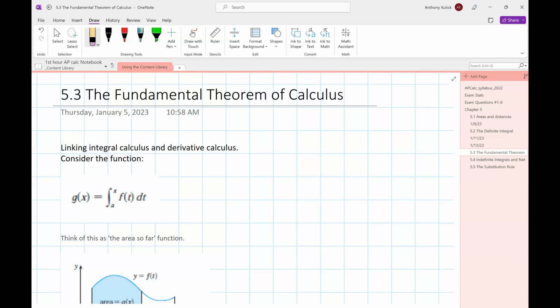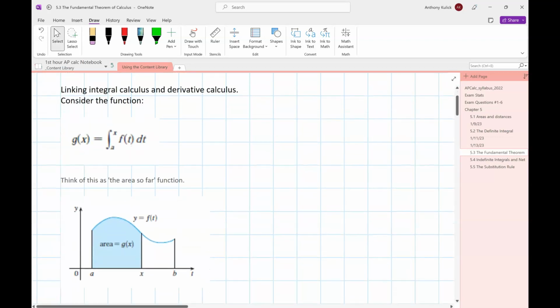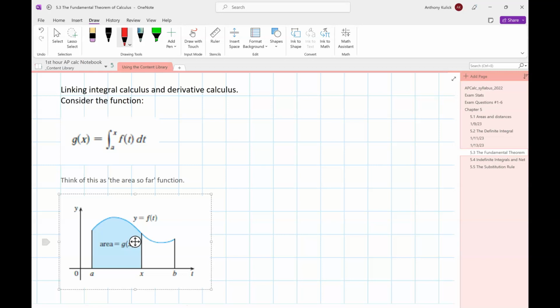What you can think about this as is the area so far function. As x is changing, more and more of the area under our curve is accumulating, right? Or it could potentially be decreasing if, like, my f of x did this or something, right?